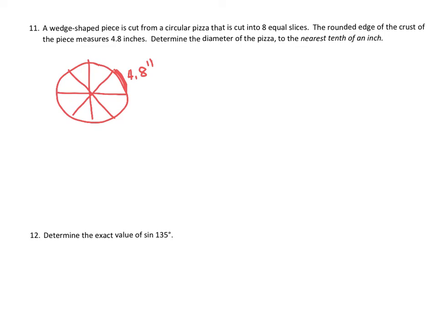All right, so we're trying to find the diameter, the distance across. But in order to do that, we first need to find the radius, right? We're going to use S equals R theta. S is the arc length, which is 4.8. The R is what we're finding. Now the angle, let's think about this. There's 360 degrees in a circle, and we're cutting this into 8 equal slices.